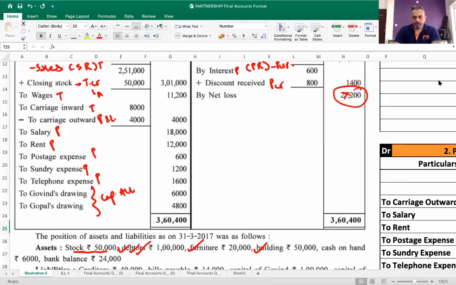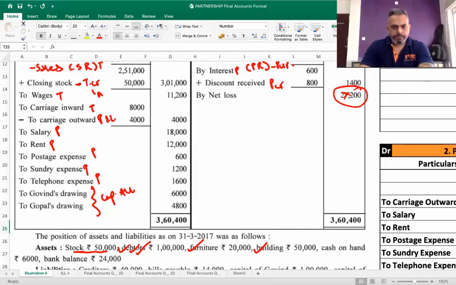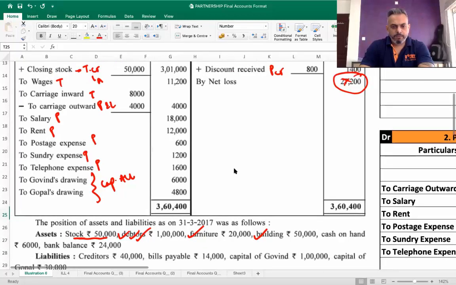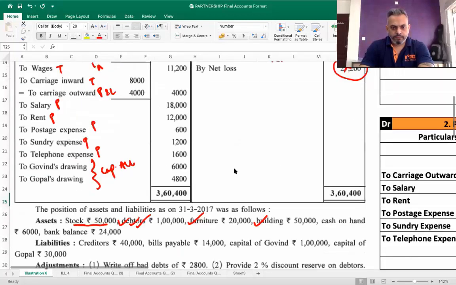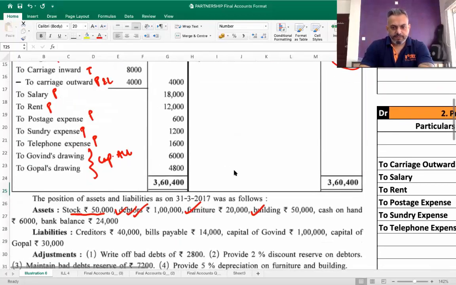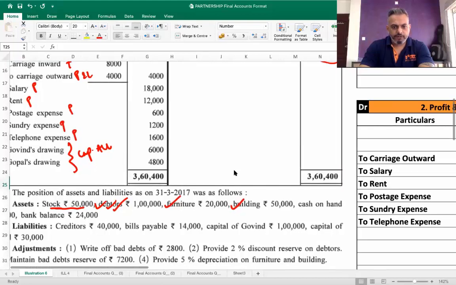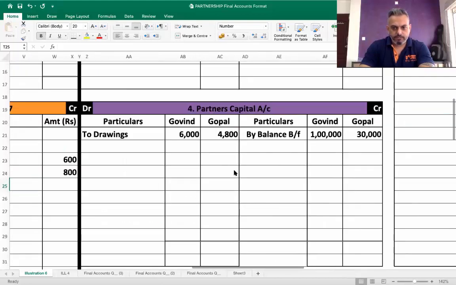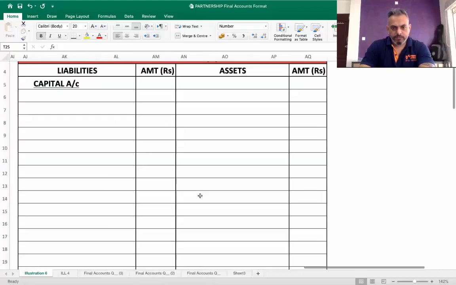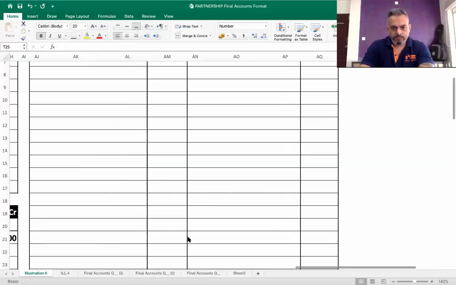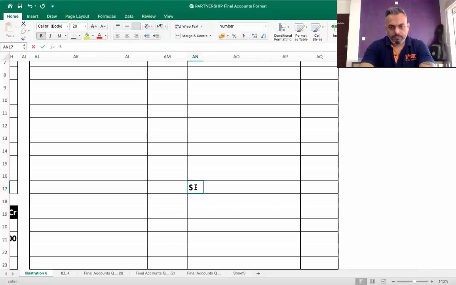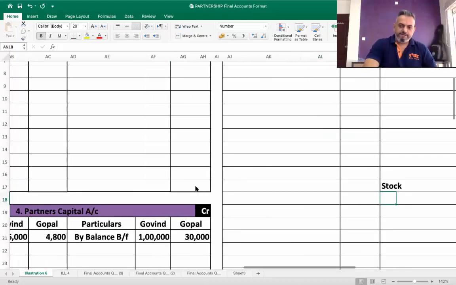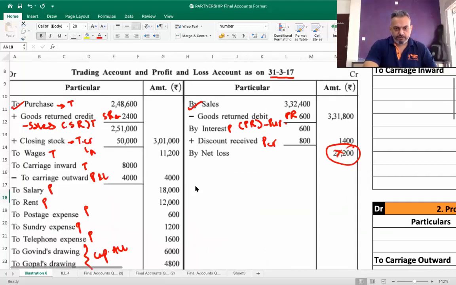Okay. Now we go to assets. Stock 50,000. Current assets. So using the second half part of it, stock 50,000.